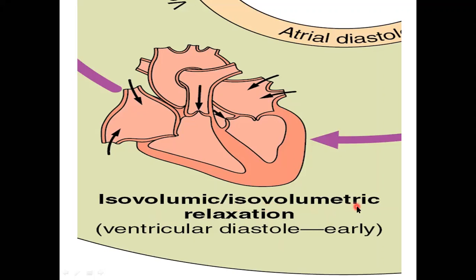Here, the ventricular diastole takes place. As soon as both the ventricles enter the diastolic phase, in early diastole, there is quite a difference from the late diastole. Let us see why it is called the isovolumetric relaxation phase.